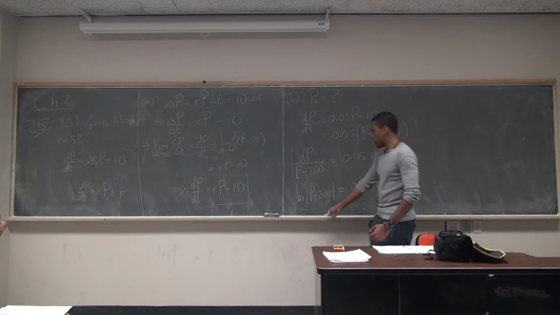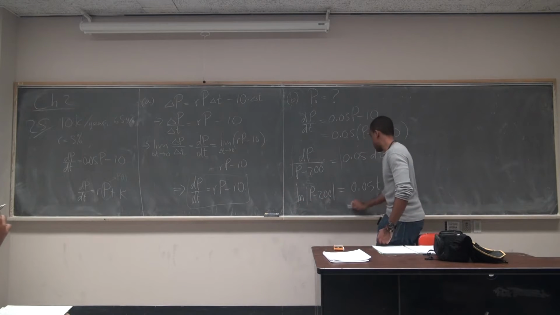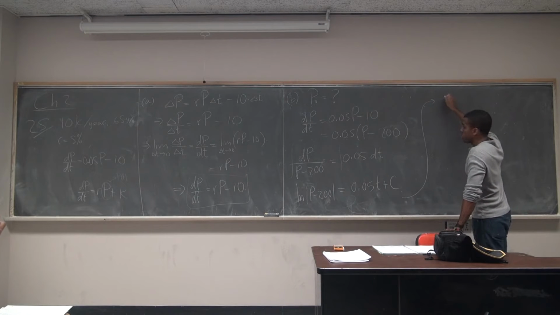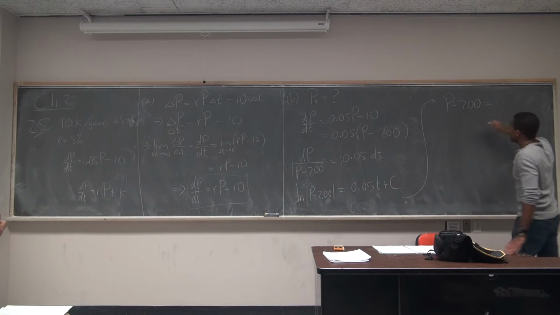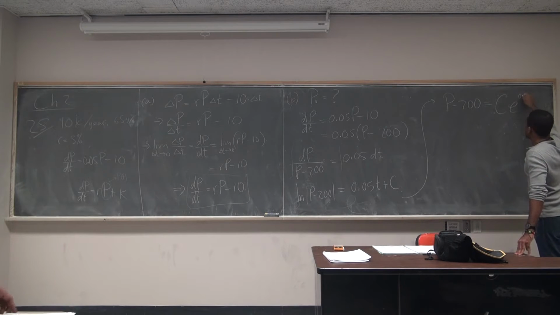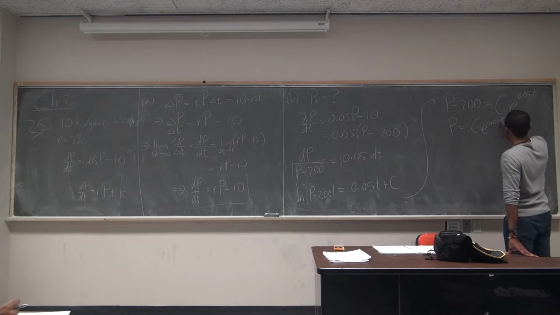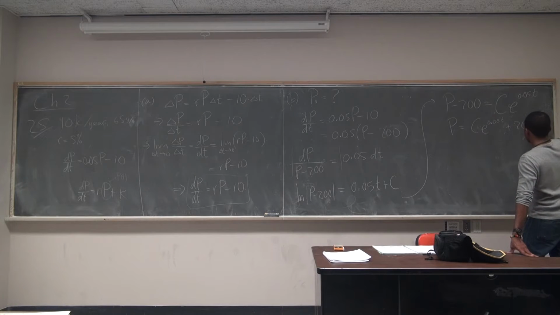And then I want to solve for p, so I'm going to exponentiate both sides. So then I would get p minus 200 is equal to c e to the 0.05t. So that my p is equal to c e to the 0.05t plus 200.